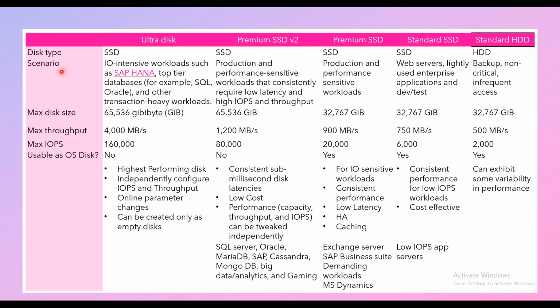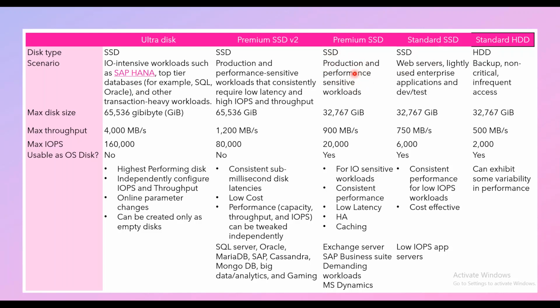Okay, now you can choose the disk type based on the scenario or the workload requirement. For example, if you are looking for some lightweight web servers or applications or a development and test environment, then you can start with standard SSD. If it is a production environment, production workload, then you need to start with bare minimum premium SSD.